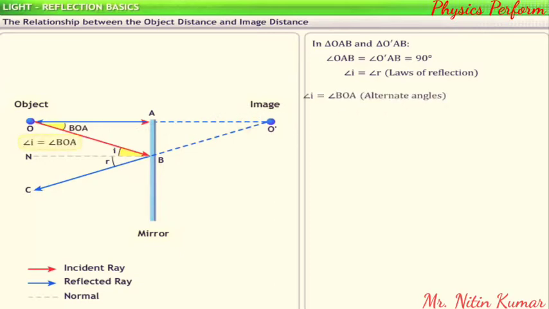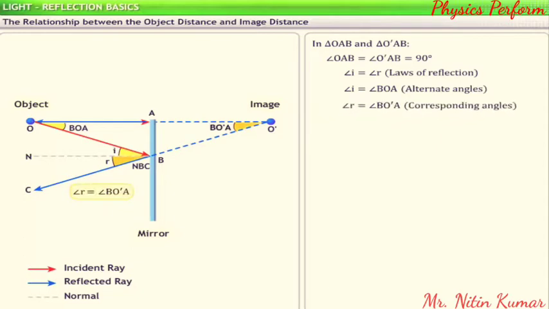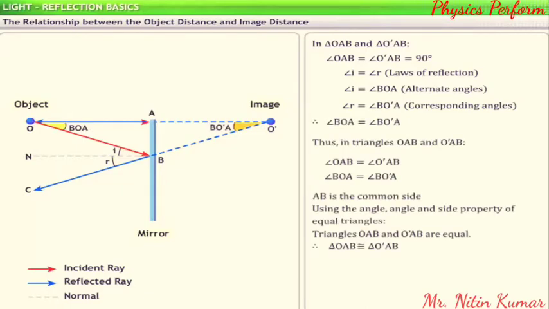Therefore, angle I equals angle BOA. Angles in similar locations with respect to a transversal on two parallel lines are called corresponding angles and are always equal. Here, angle NBC and angle BO'A are corresponding angles. Therefore, angle R is equal to angle BO'A. Therefore, angle BOA is equal to angle BO'A.